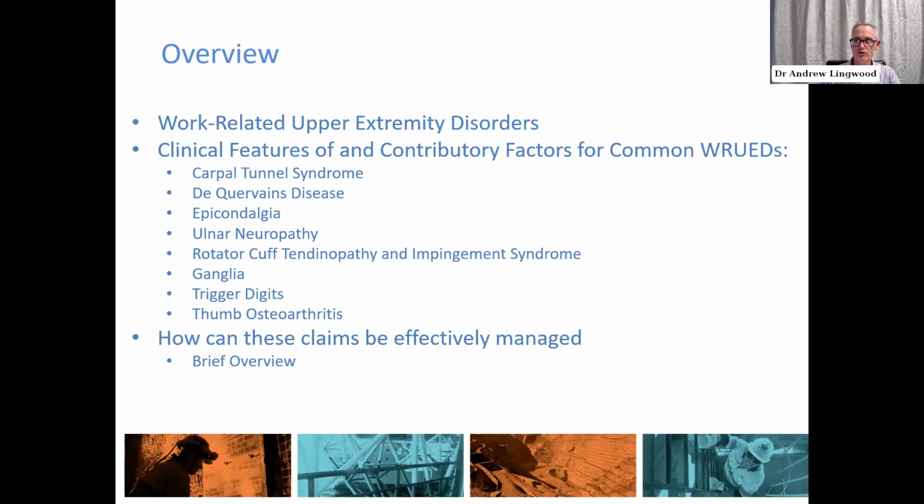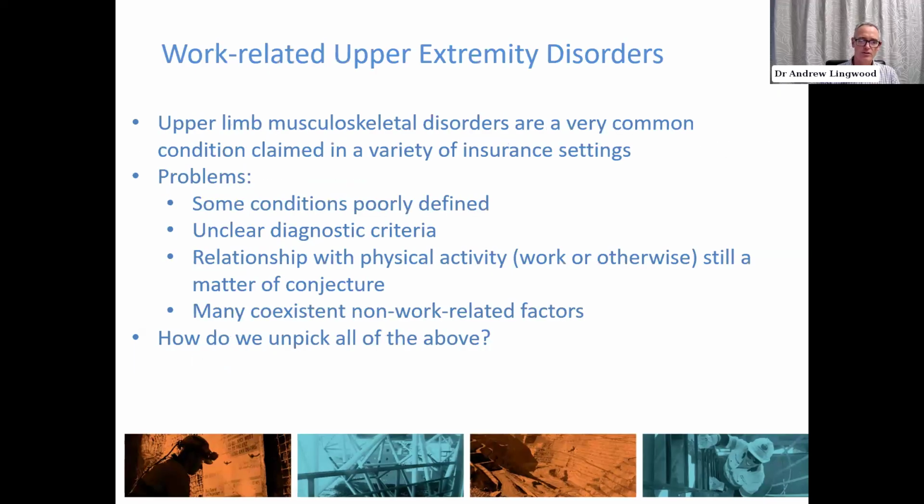We'll talk about both individual or constitutional risk factors for the conditions and also external risk factors. And depending on how we go for time, I might go through a couple of slides towards the end about some general advice that I have for managing claims for these types of conditions. So that's the basic plan for today.